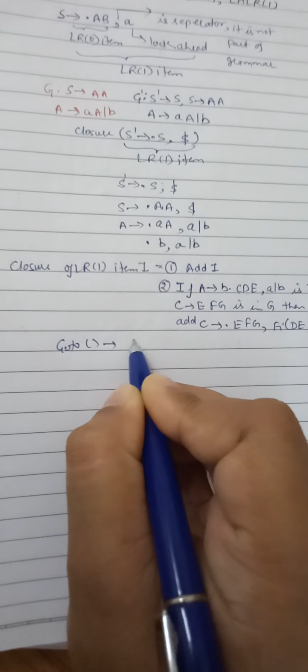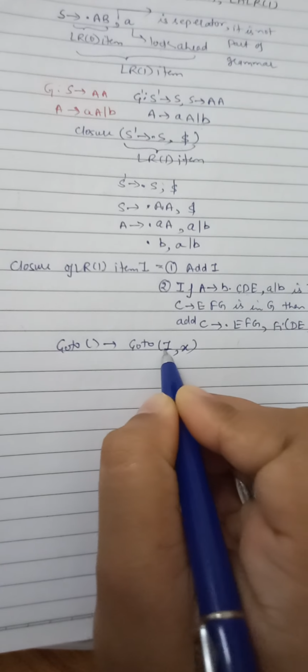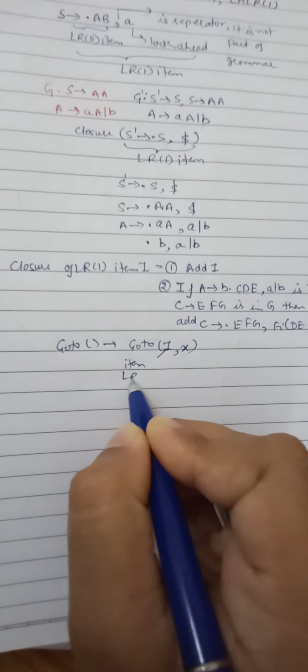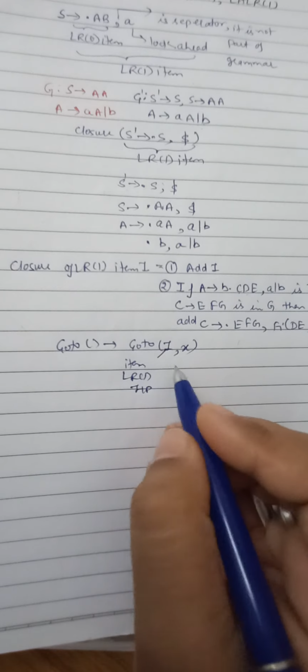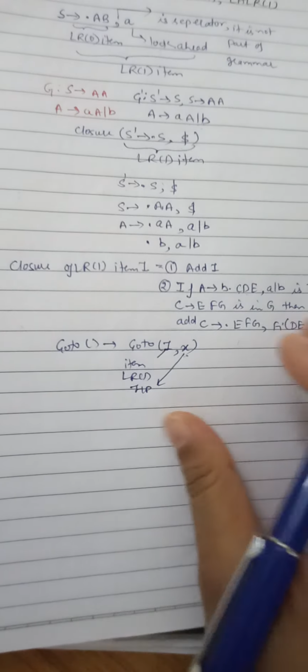For goto(I, X), I is the LR1 item set and X is the input.